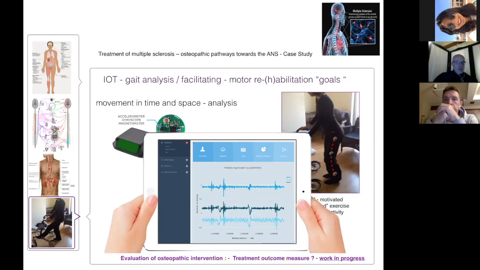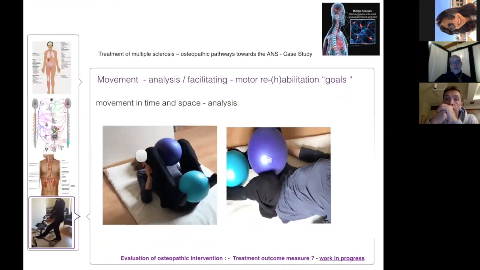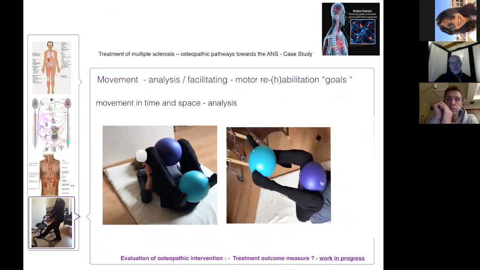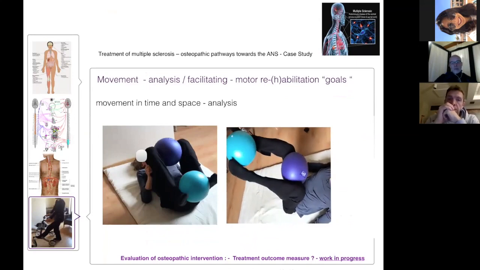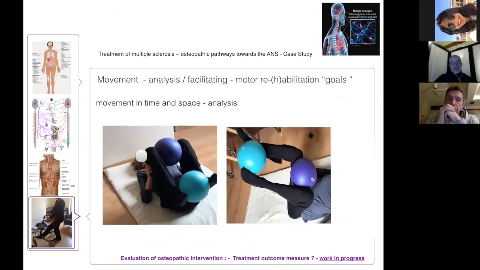And this is another outcome measure that we're looking at over time, and hopefully it will become a longitudinal study. So this is something that she's also developed herself, dealing with balancing, a simple exercise ball in the ankles and the knees, working with various degrees of gross and fine motor activity.